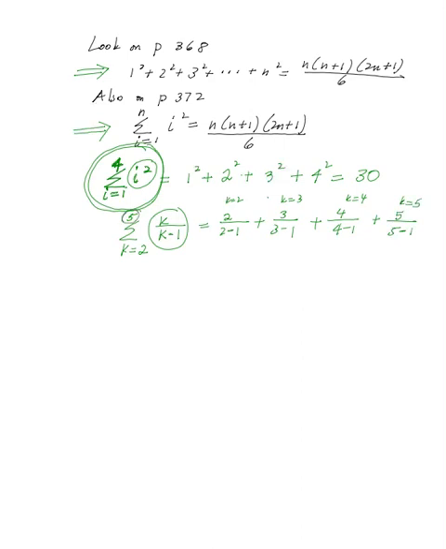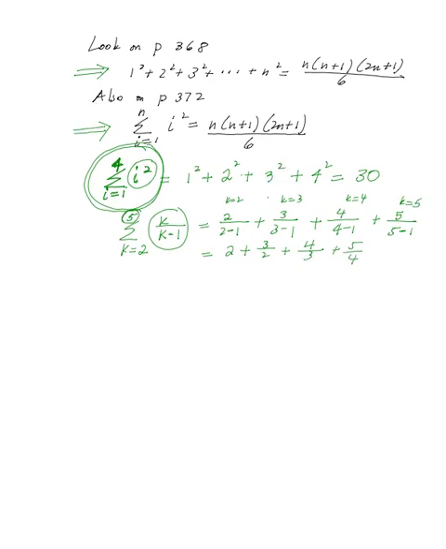I stop when k gets to this number, which is 5. So I get 2 plus 3 halves plus 4 thirds plus 5 fourths. And I could combine those into a single fraction if need be. Summation notation is just a compact way of writing a sum.